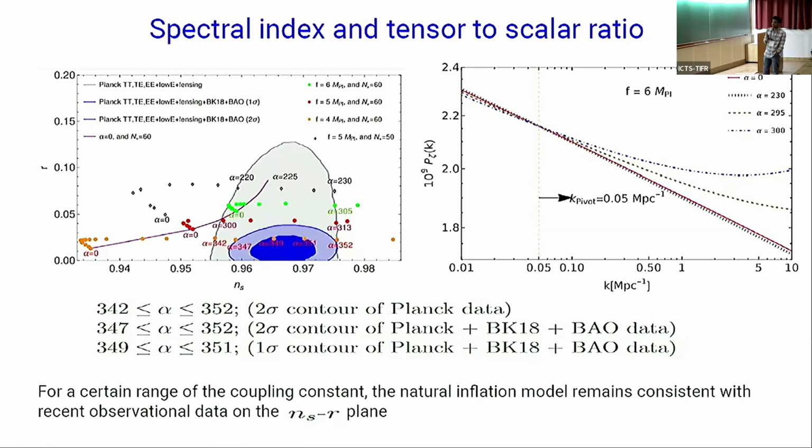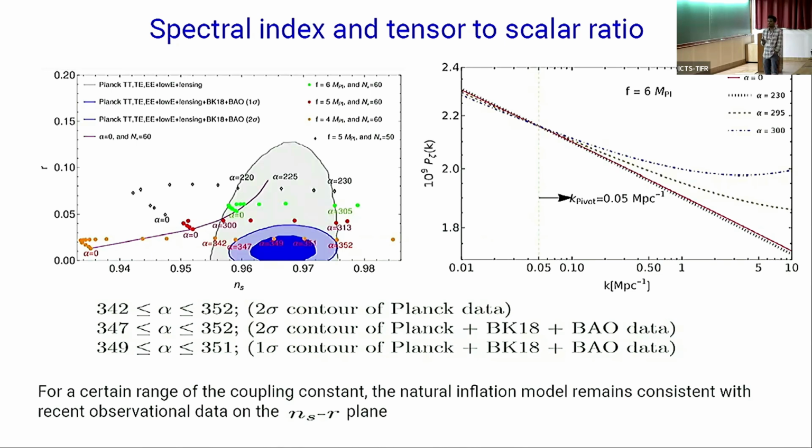Now we'll focus on this left plot, where the different contours represent the n_s-r predictions from different observations. This violet line represents when alpha is equal to 0, the natural inflation model theoretical prediction, and the different dots represent the n_s-r predictions for the model which I have considered.